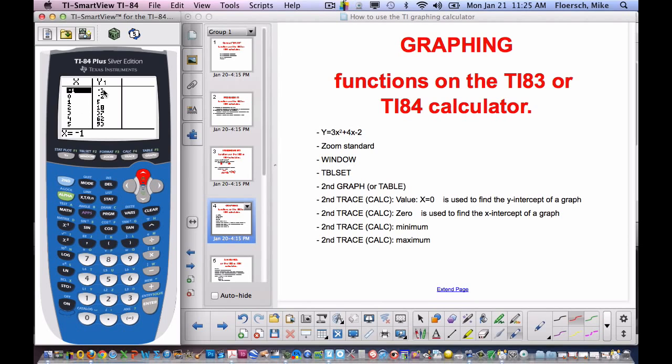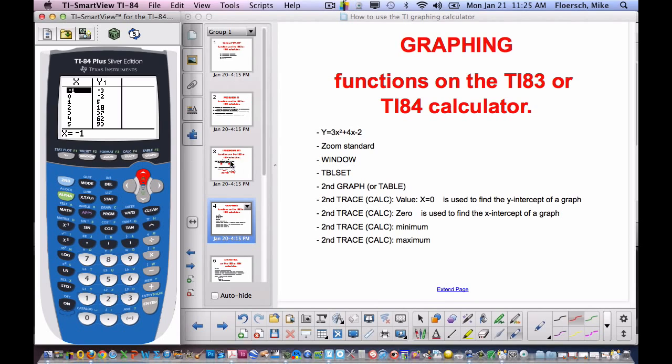But negative 1, negative 3 is a coordinate, 0, minus 2 is a coordinate, 1, 5 is a coordinate, 2, 18. I can see right between 0 and 1 here, something happened where we reached a minimum on our parabola, just to kind of give me an idea. But those give me my x and y coordinates. Again, that would be under second table.